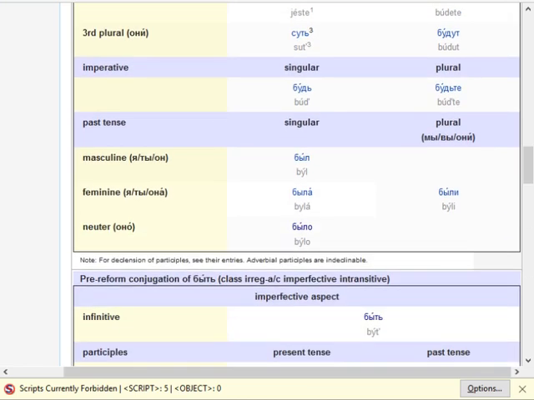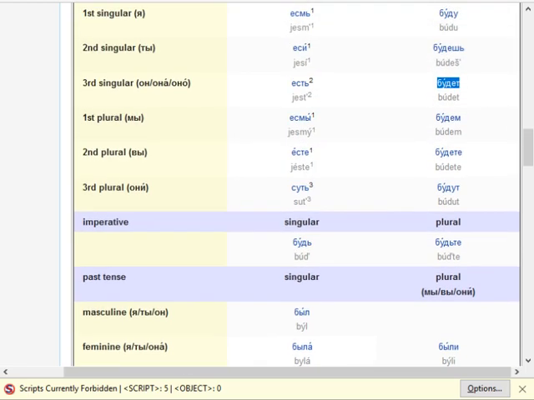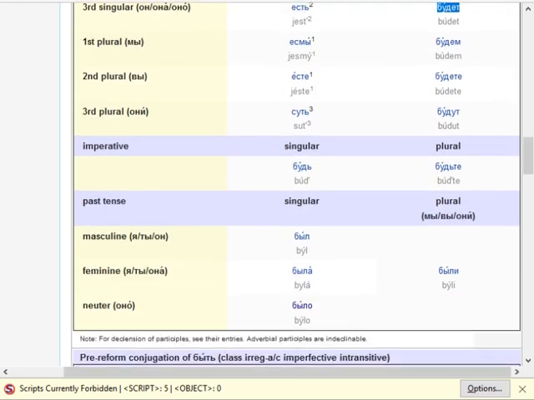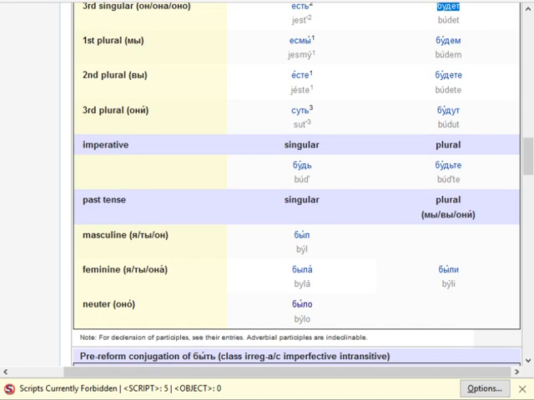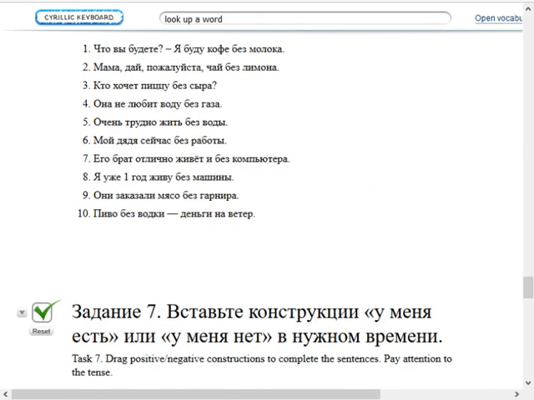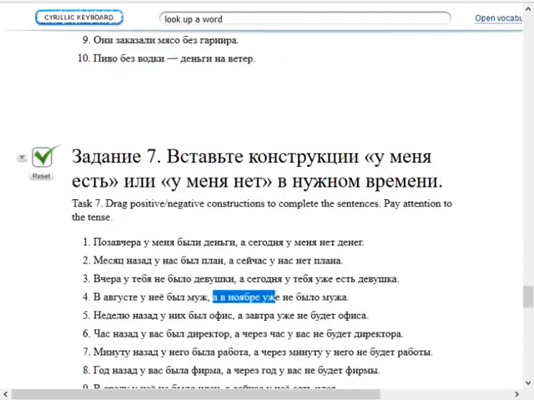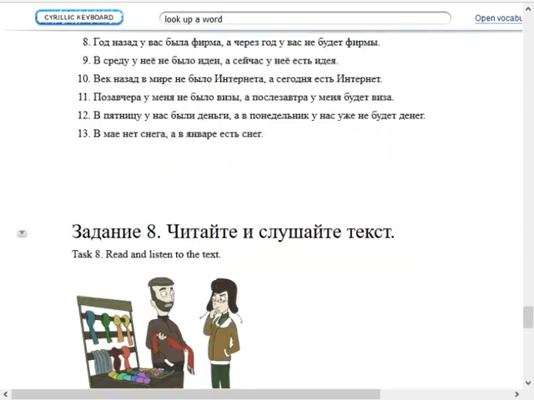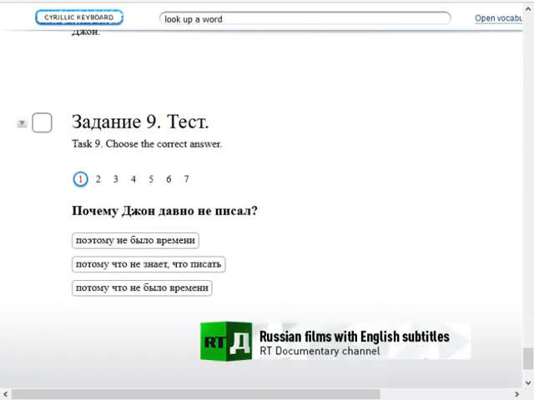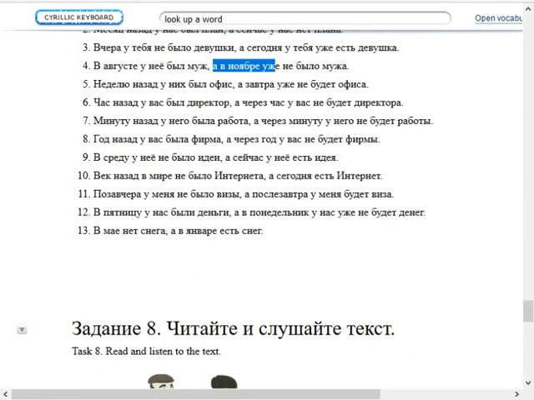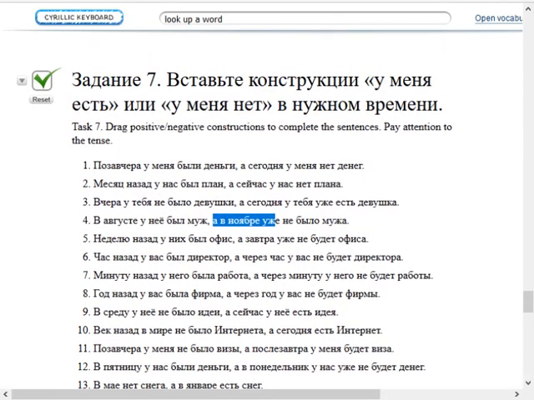So it looks like if it's feminine genitive, then it becomes "было," but that's not specified here at all. Wiktionary doesn't say that, and I don't think this site says that either anywhere. So I have no idea. If anybody wants to comment on that, please feel free, because I'm stumped.